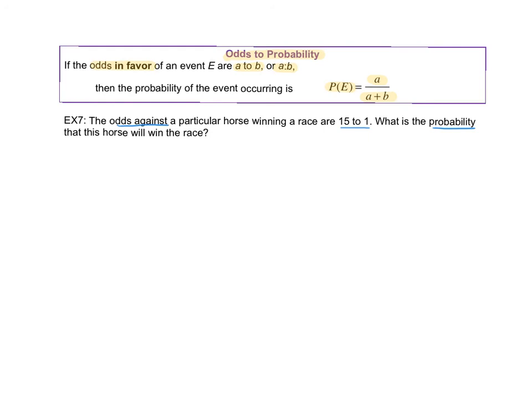So I need the odds in favor. Remember, odds in favor means you just flip it. So this will be 1 to 15, which means that the 1 is my A and the 15 is my B in this formula.